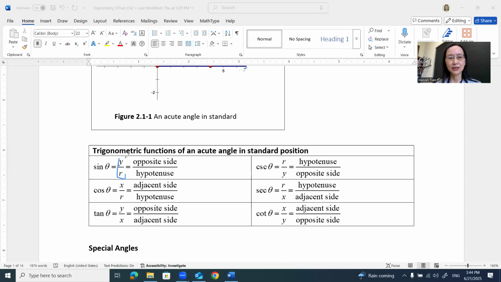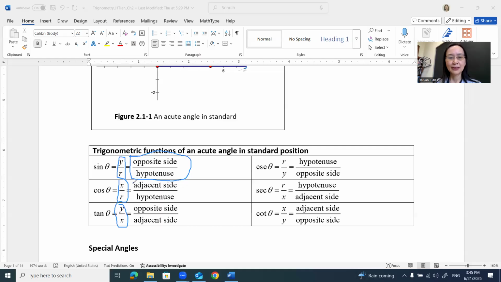We just reviewed according to definition: for an acute angle, sine value at theta is simply the side opposite theta over the hypotenuse.